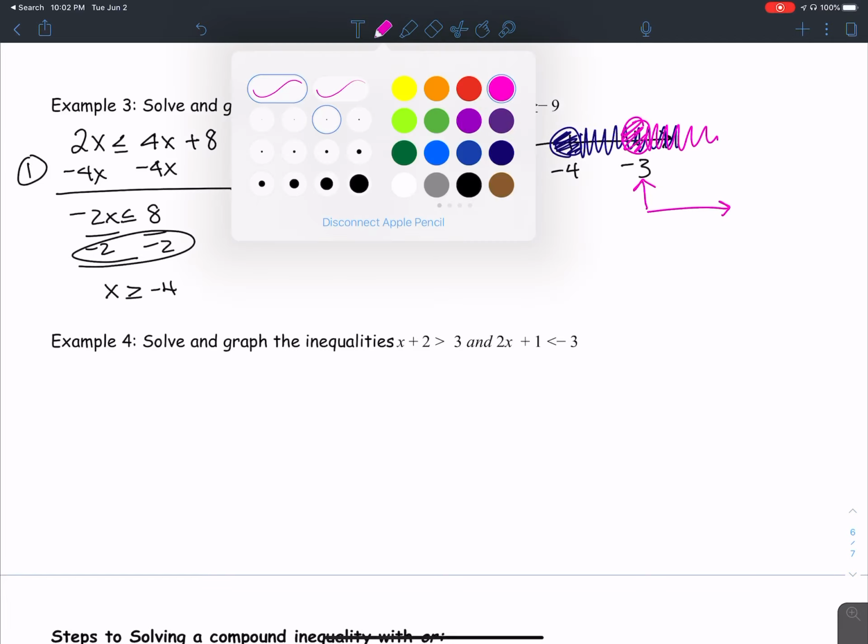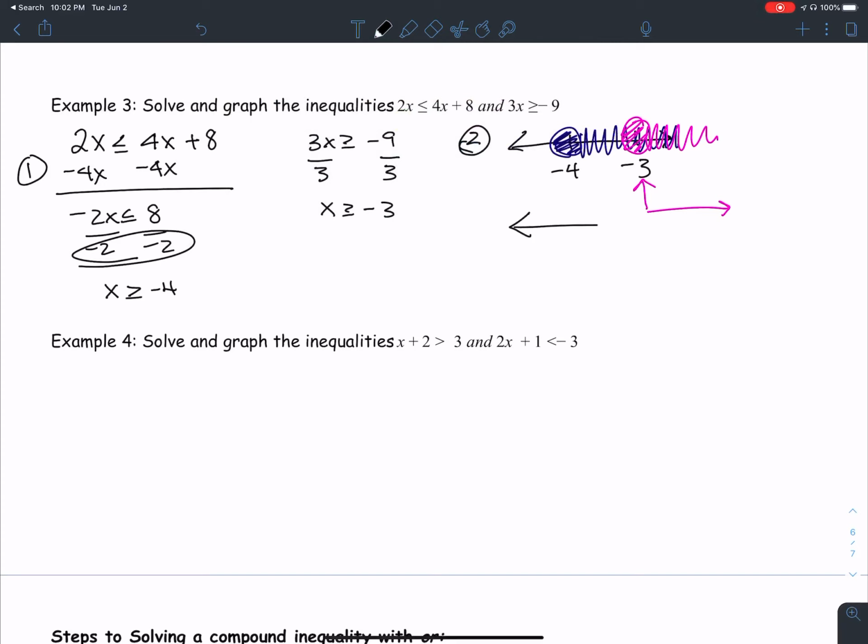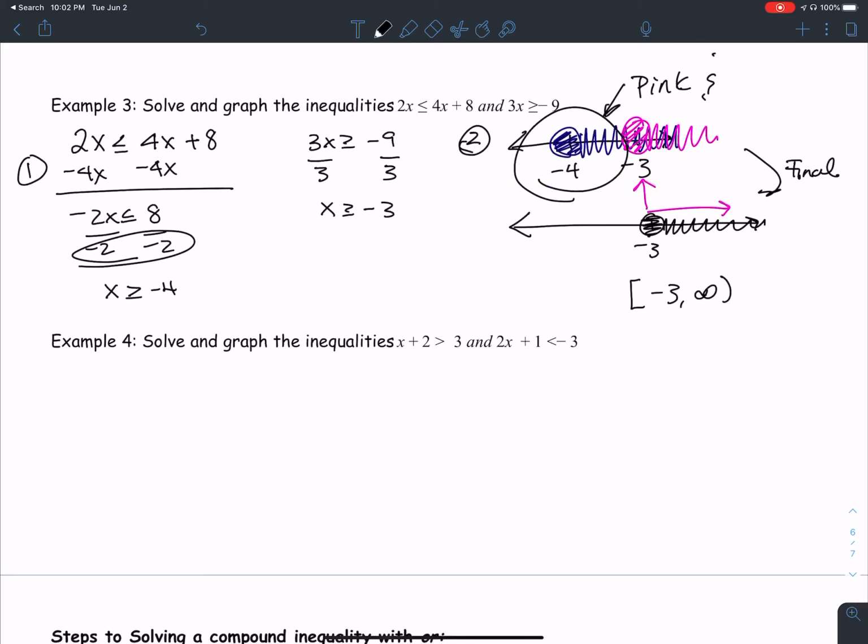So my answer is going to start at -3, closed circle, going to the right. That's my final graph, and my final answer is the bracket -3 to infinity. I can't include this other part because there's not pink and blue. That happens.